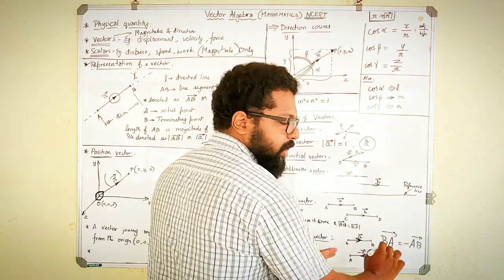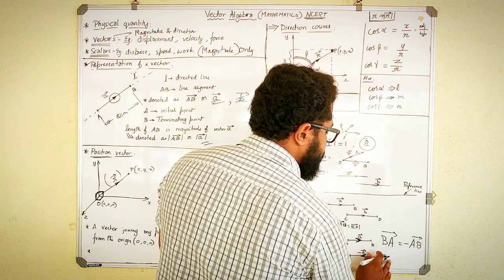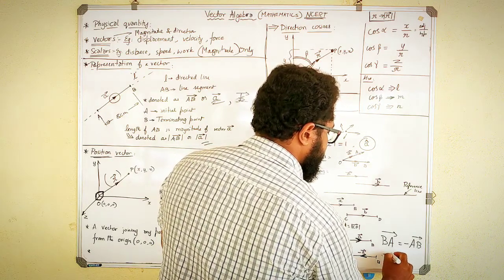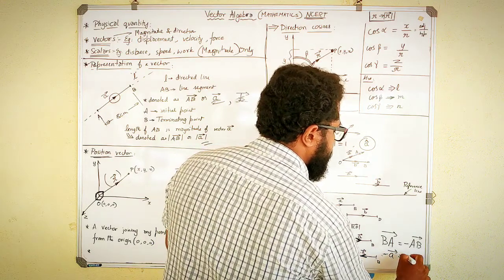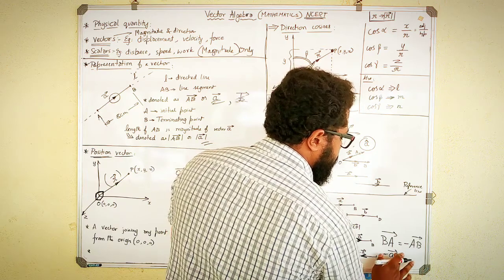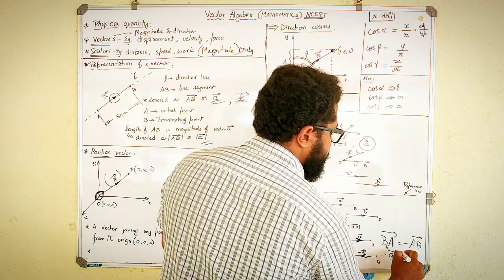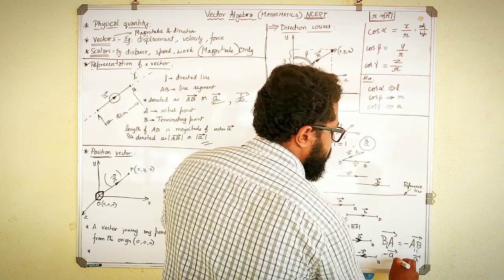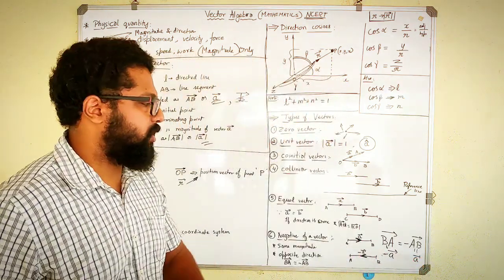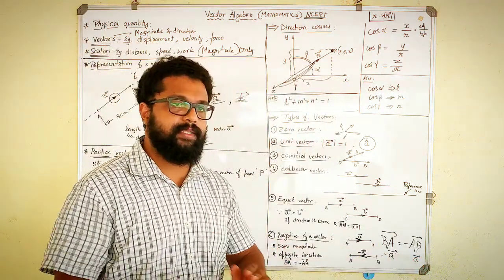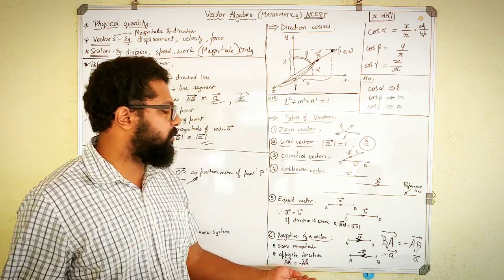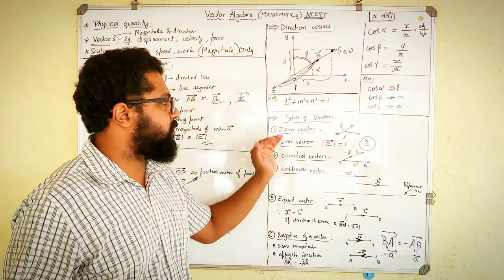Remember this correctly. This is minus A vector, this is minus A vector, and this is A vector. That is how it looks. BA vector should be read in the other direction. So this is all about the negative of a vector and the types of vectors.